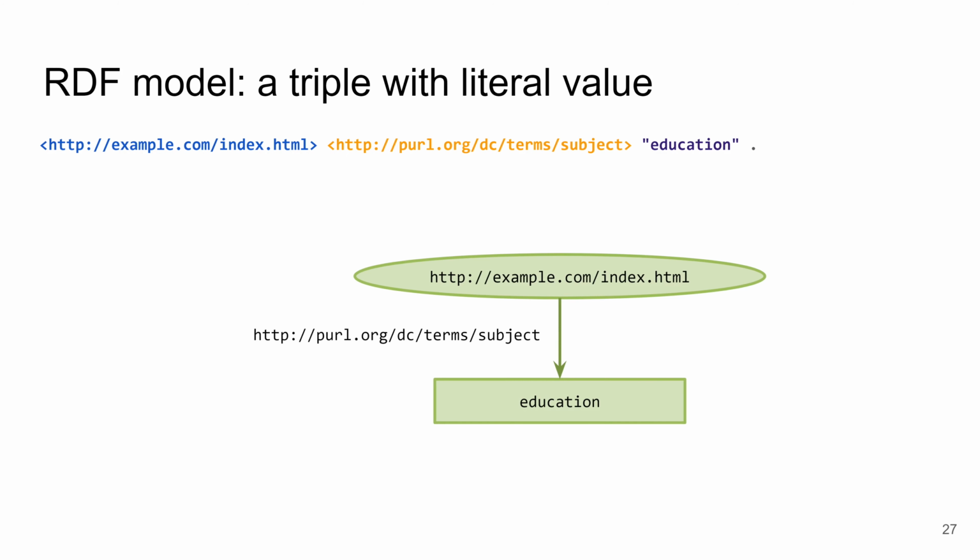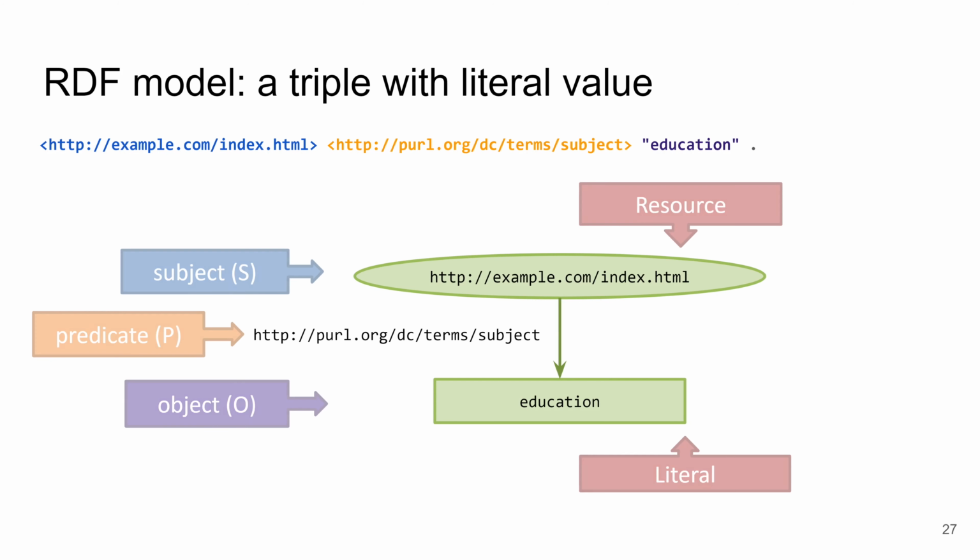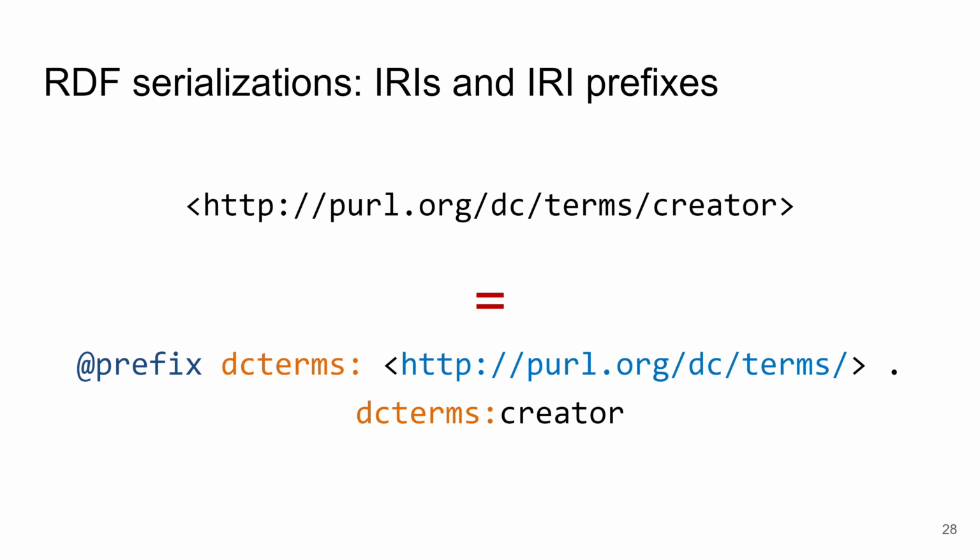So here we have a web page which has a subject, and the subject of the web page is the text education. Now, again, this triple has a subject, a predicate, and an object. However, the node, the page, is still an RDF resource. However, the textual value is called a literal. So a literal is a simple value.